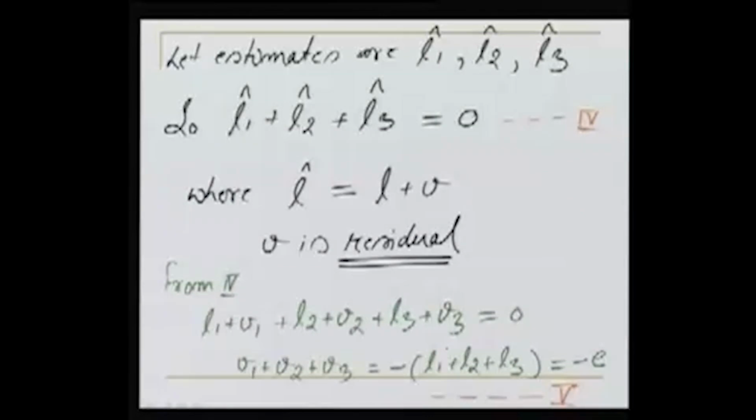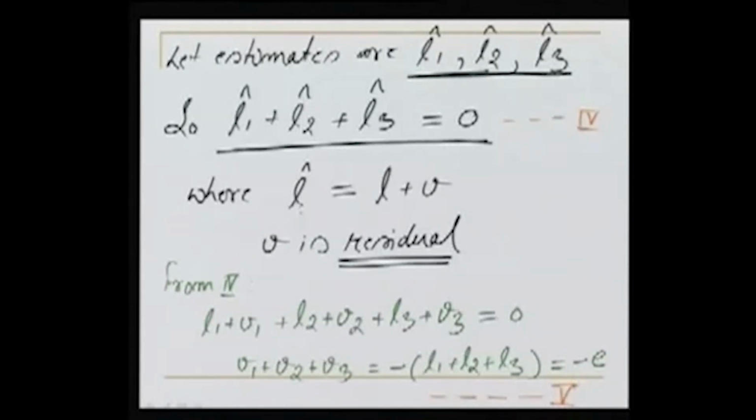Now, what we are writing here: because we denote the estimates by hat, L1 hat, L2 hat and L3 hat are the estimates. So finally, our estimates also should satisfy this: the sum of L1 hat, L2 hat and L3 hat should be equal to 0, because our desire is that they should satisfy the functional model.